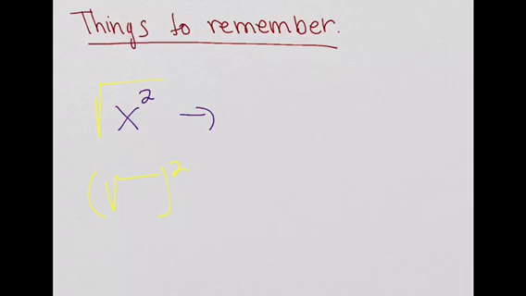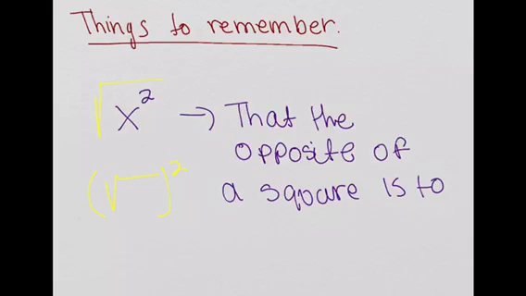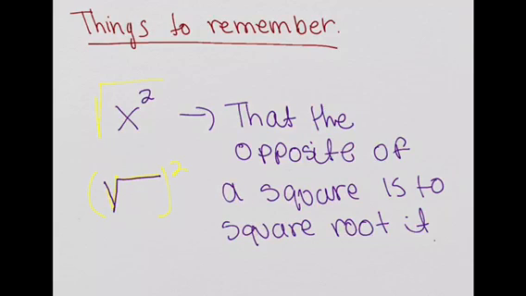So you can say that the opposite of a square is to square root it. And vice versa: if you have the radical and you want to cancel the radical, you square it. If you have the square and you want to cancel it, you take the square root.